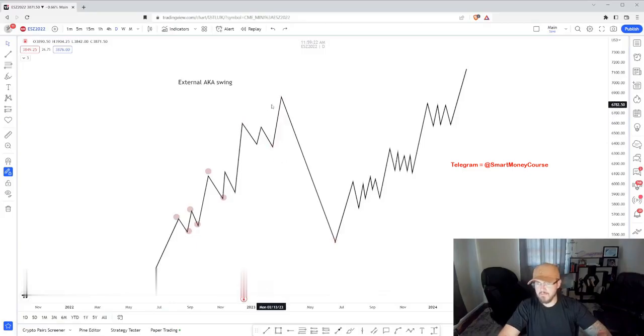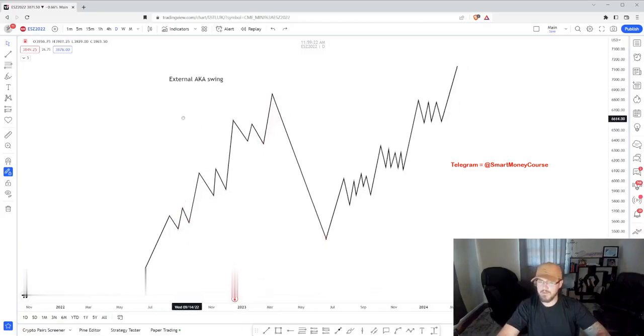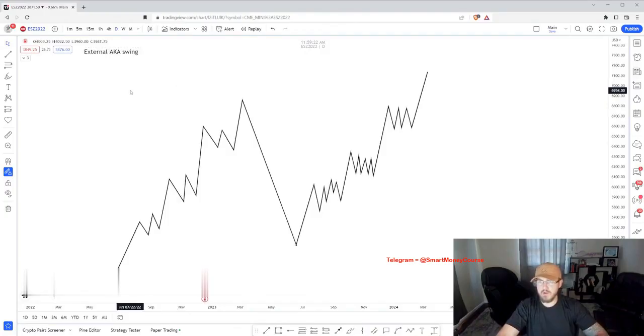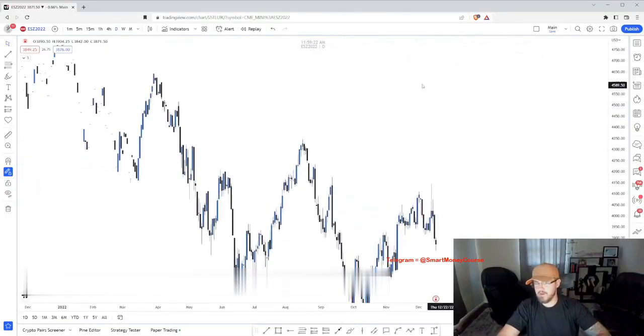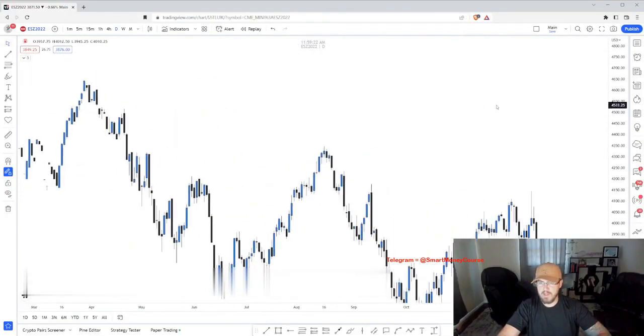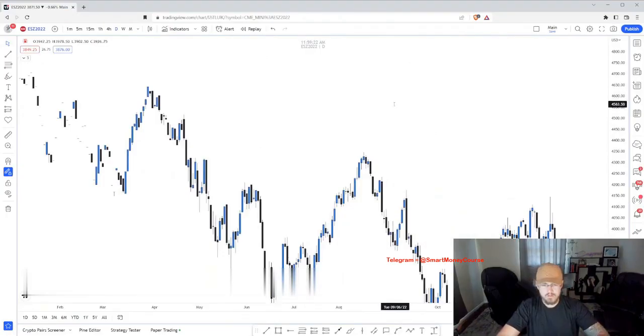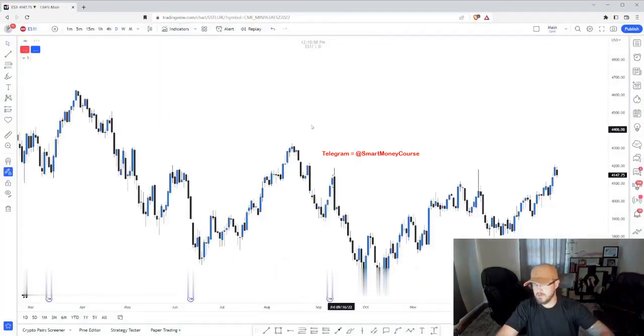So whenever we're looking at external structure, it's very important to look at what a relative swing looks like. So let's just take a look at price over here. For instance, let's go on the actual chart.